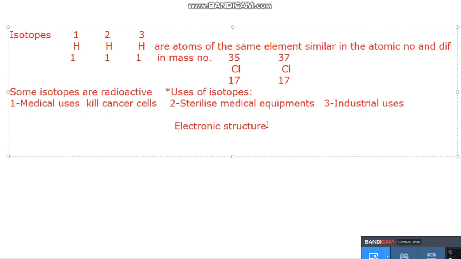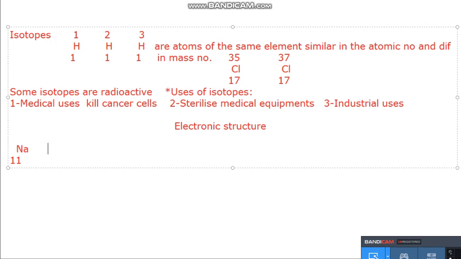For example, we have sodium, Na, with atomic number 11. We will take only the atomic number, not the mass number, because electronic configuration is made for the atomic number.